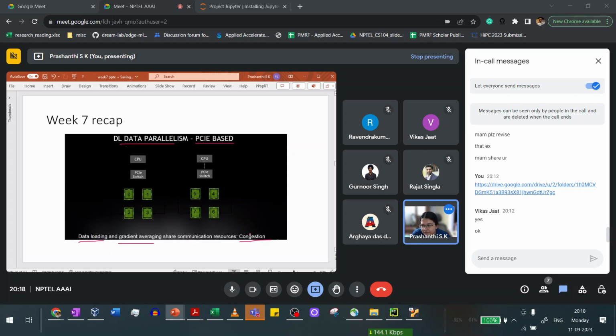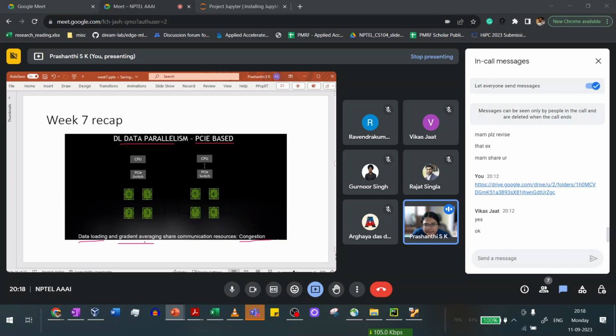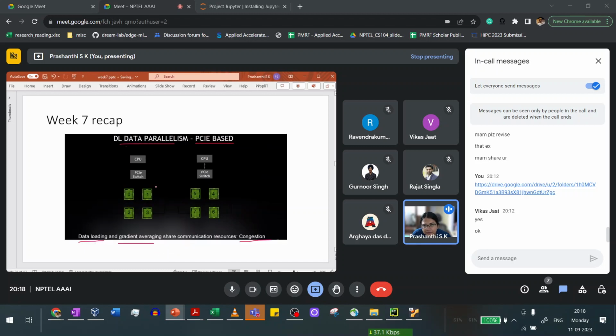And given that the GPU is so much faster, typically you will hit congestion when you try to do something like this. So what is something better that you could do? You could use NVLink for, let's say, gradient averaging, and you could use data loading over PCIe. So essentially now this gives you additional channels, right?